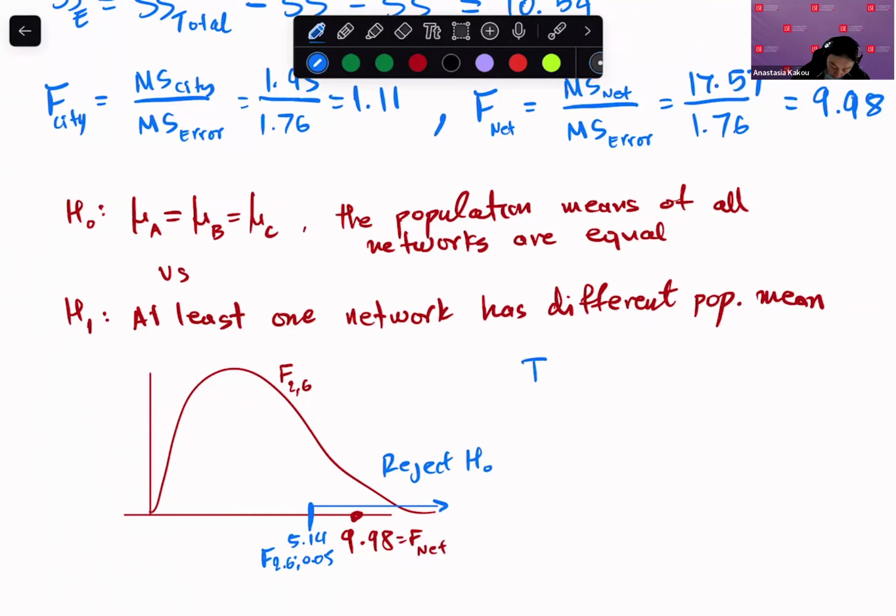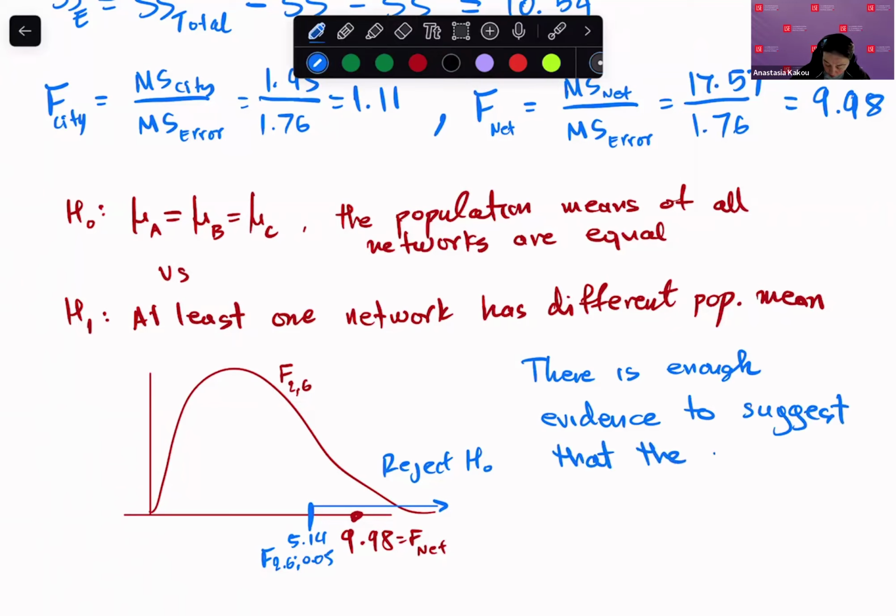The conclusion is there is enough evidence to suggest that there is a difference in the networks.